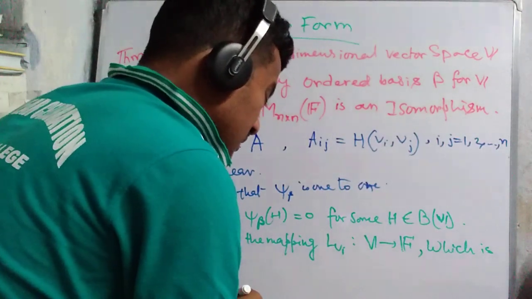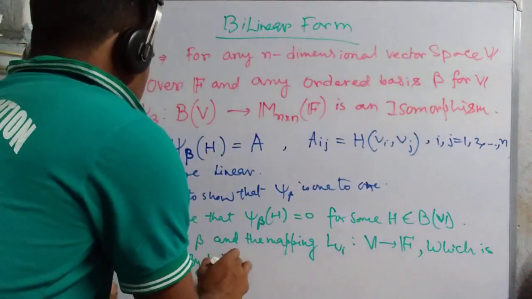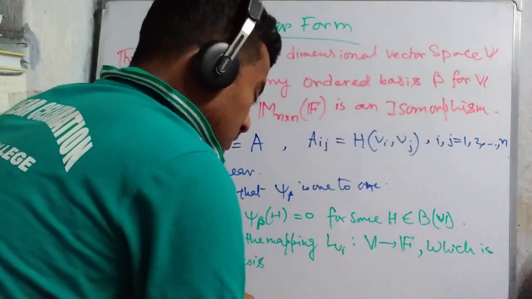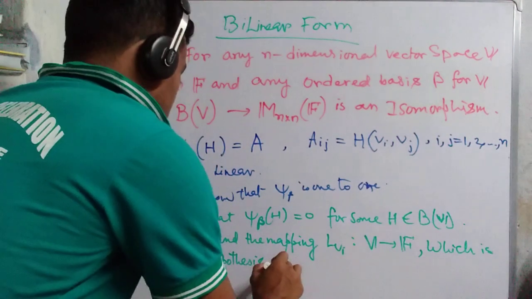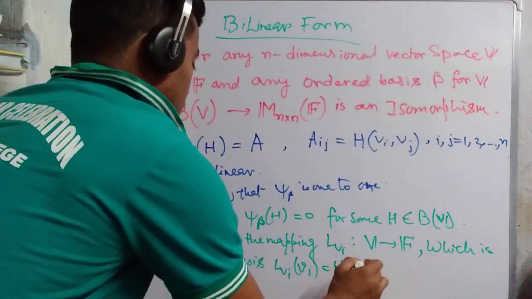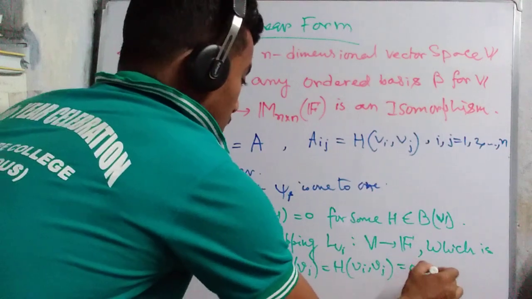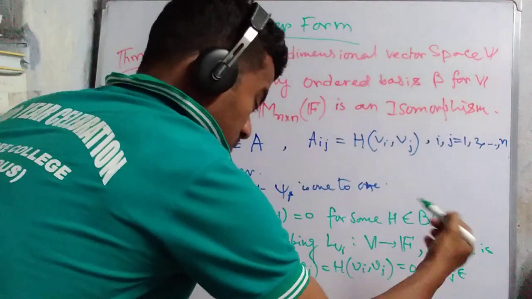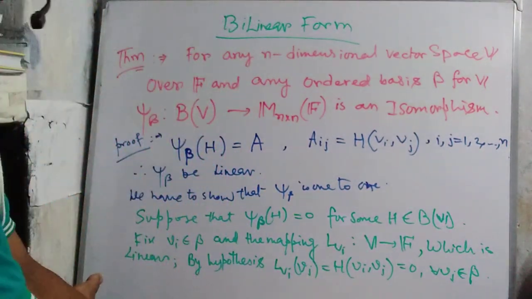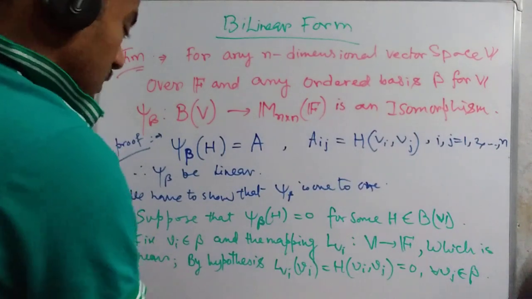By hypothesis, L of v j equals h of v i, v j, which equals 0 for all v j belonging to beta. Hence we erase this portion and go on to further discussion.